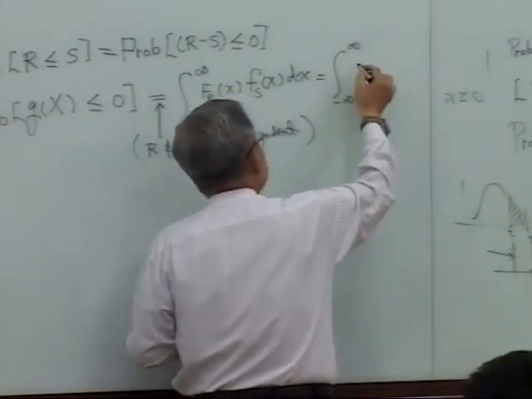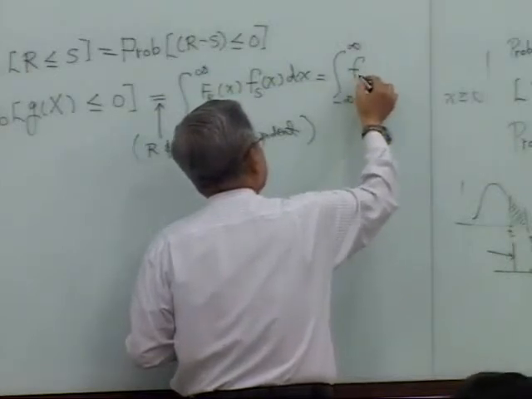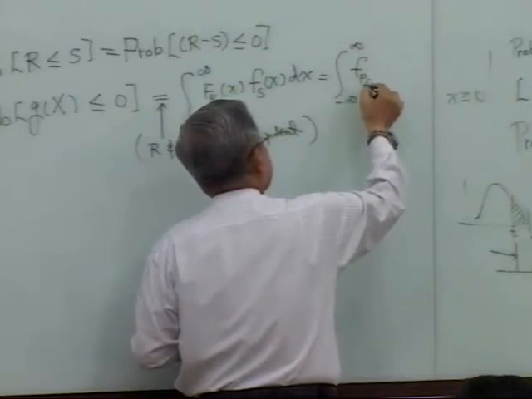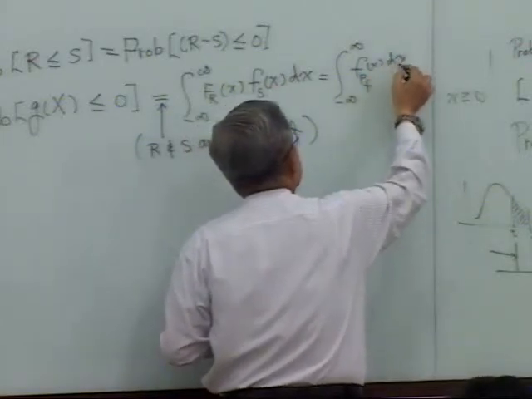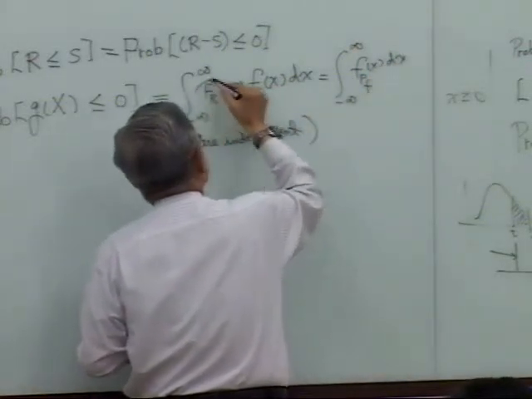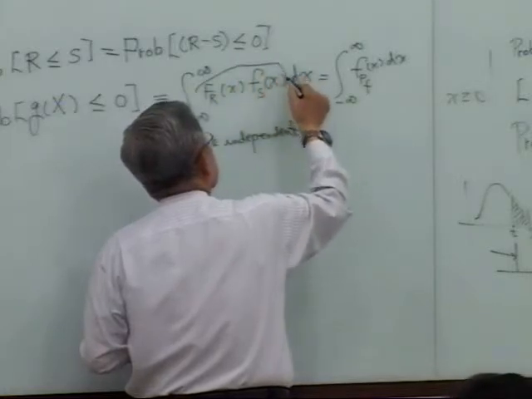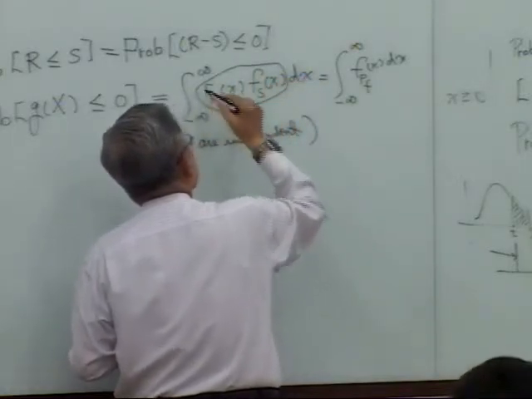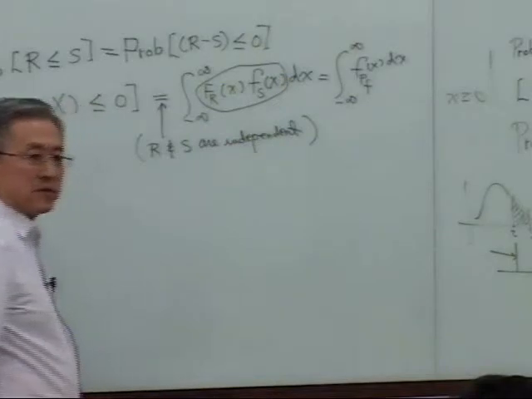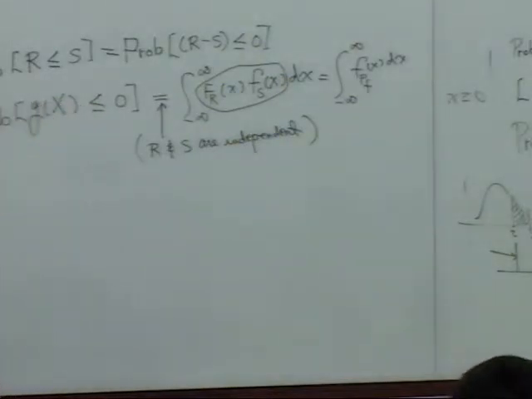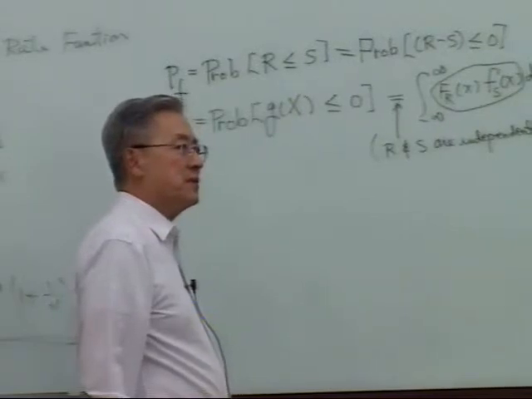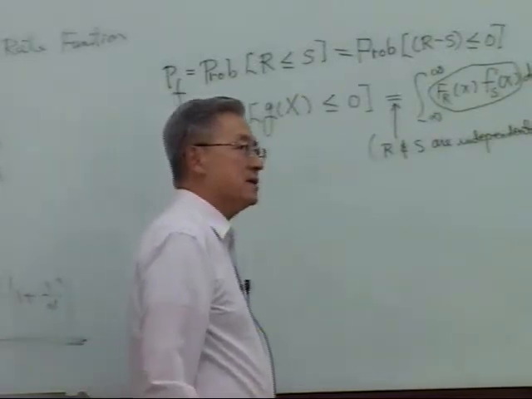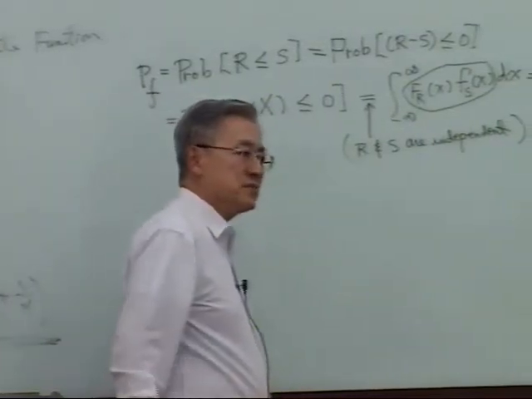This is the integral of F_S f_R(x) dx, so this can be written this way, okay? For the two random variables, like R and S, everything is visible.